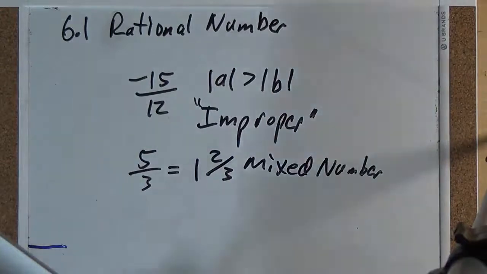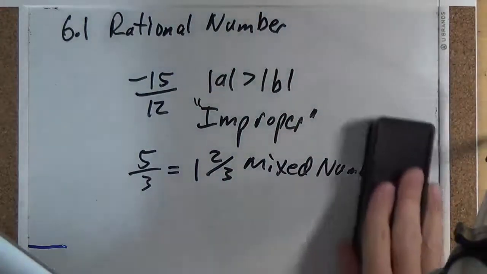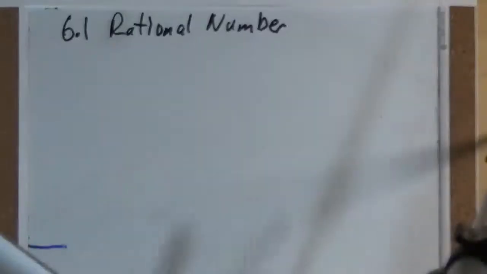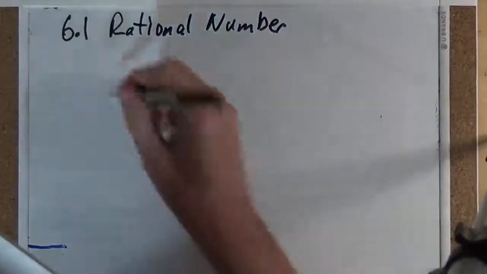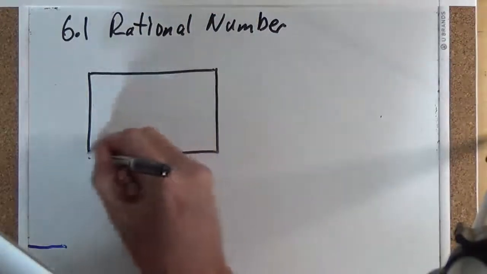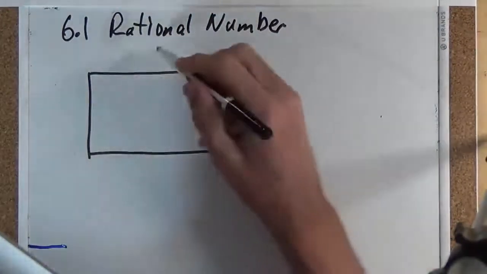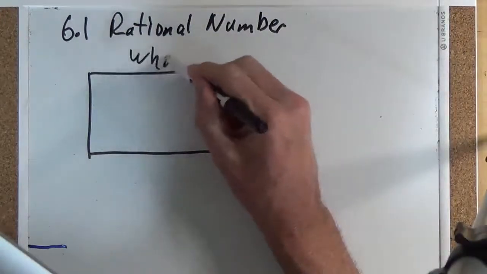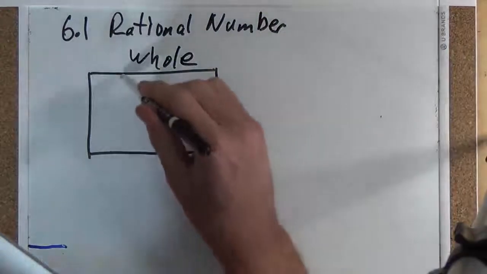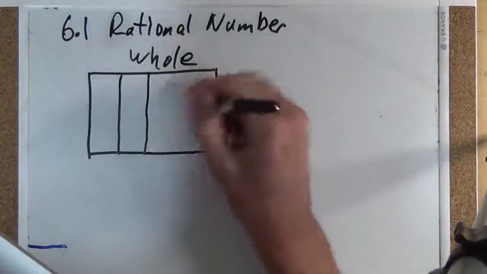Okay, I'm going to do fractions with a couple of diagrams. We always talk about the whole. So in this case, my rectangle, this is the whole. I'm going to divide it into 5 equal parts.